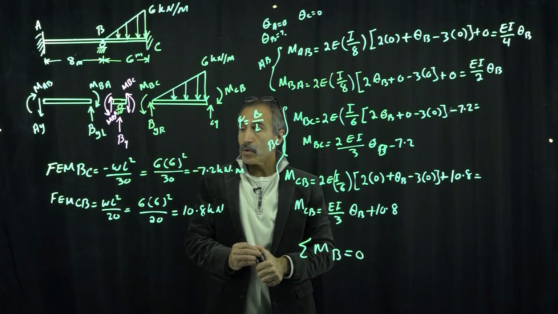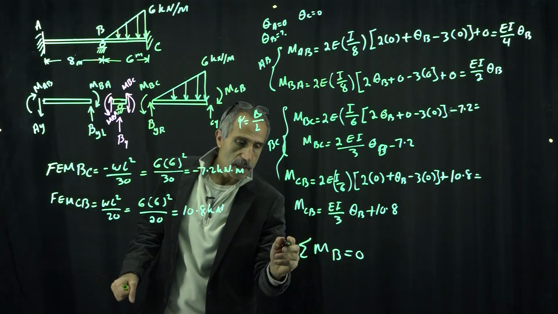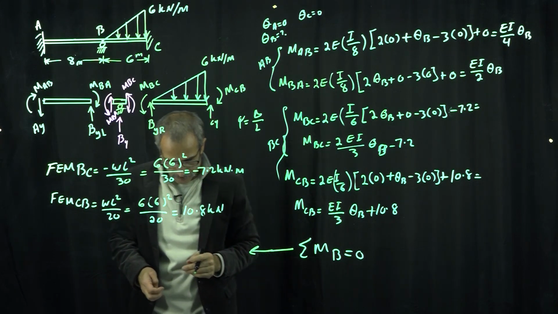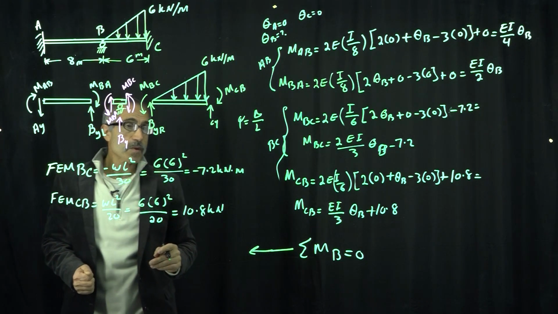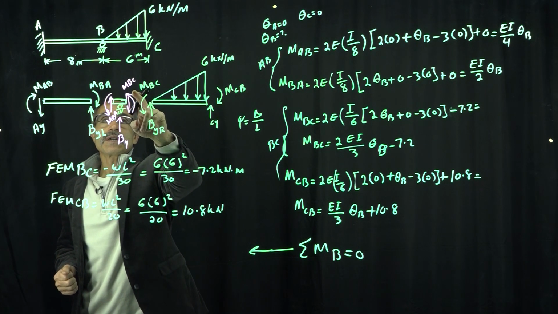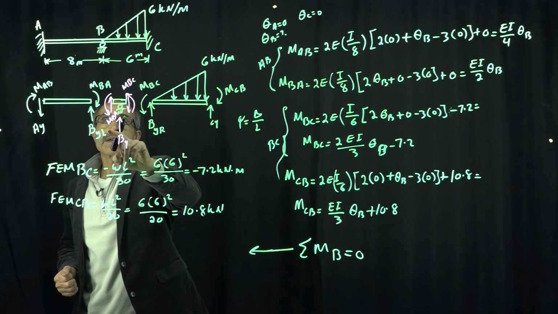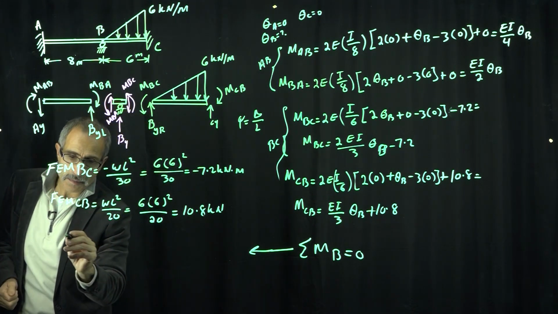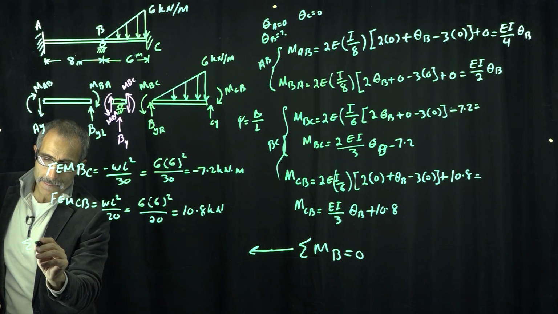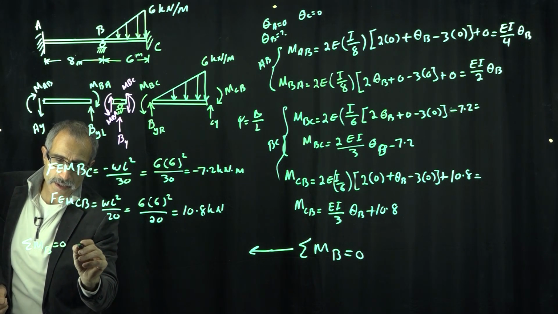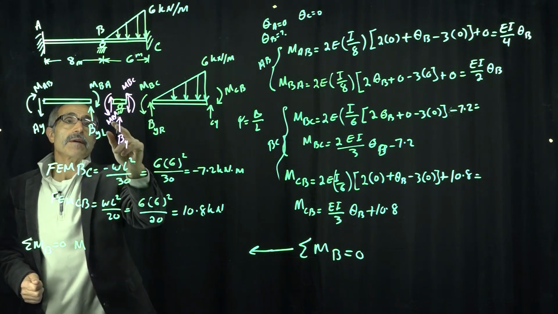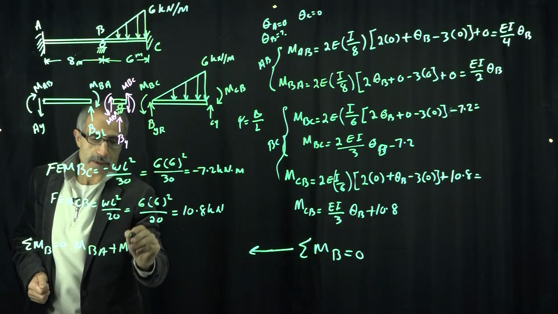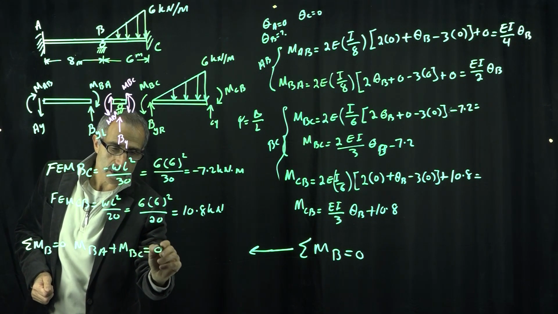I need to erase this board before I can come over here. Let's bring this over here for the summation of moment at B equal to 0. What do I have? I have MBC and I have MBA, those are the only 2. Therefore, MBA plus MBC is equal to 0.